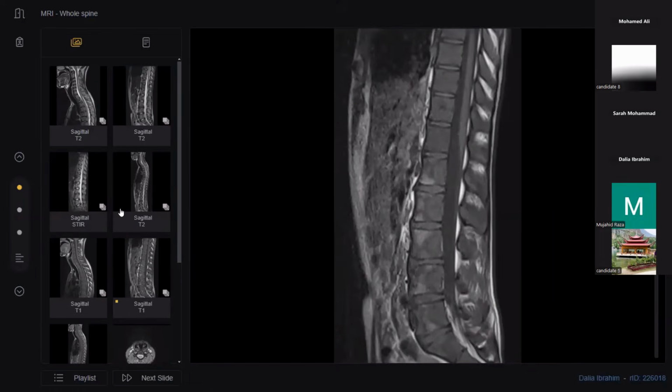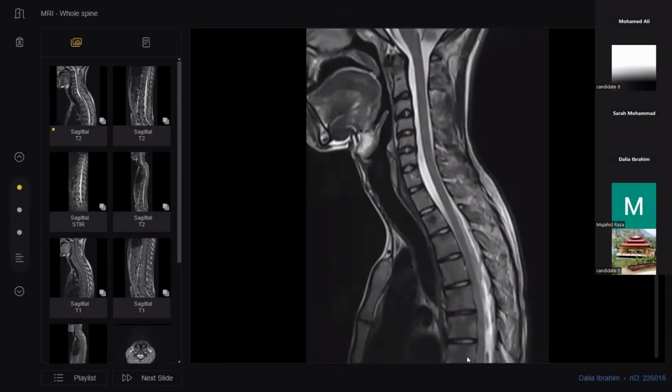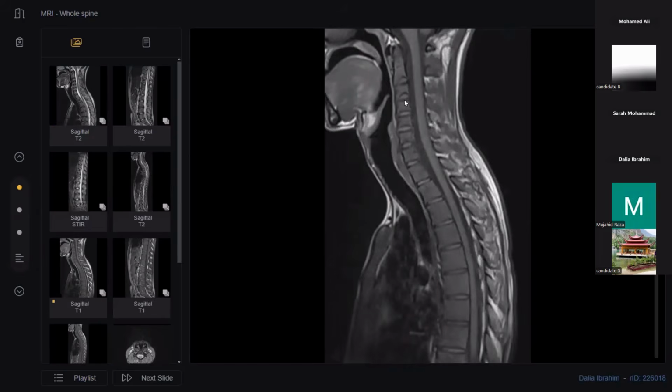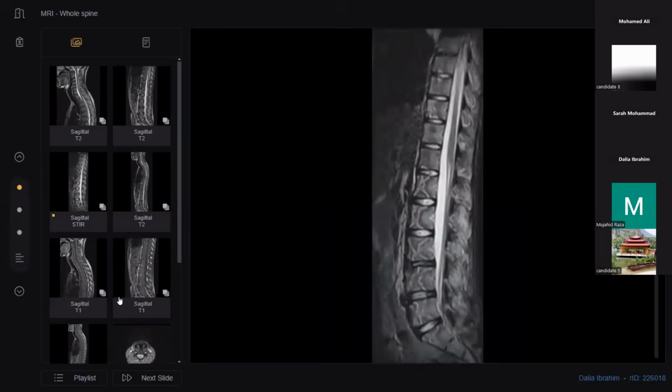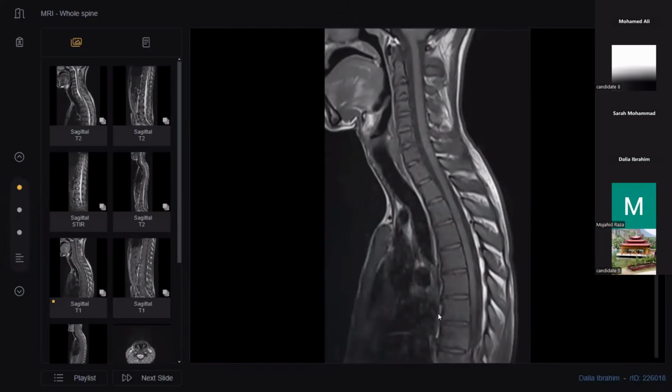Reduced T2 signal and diffuse reduced signal. Okay. Overall patchy abnormal signal. Okay, this is not normal marrow signal of the examined bones. We have a diffuse low marrow signal, and it appears patchy on T2 and STIR images. Okay, and on T1 it appears low T1. Okay, this is the first abnormality.